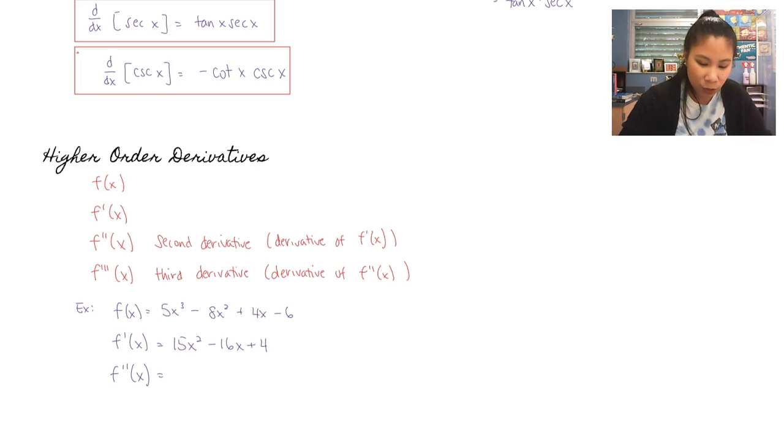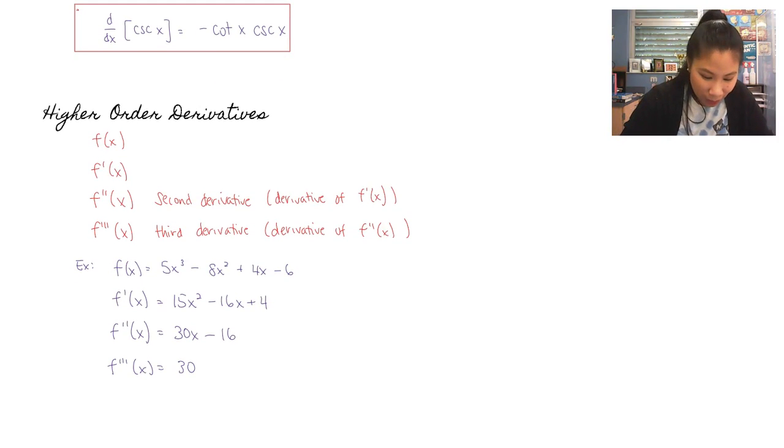So the 15x squared, the derivative would be 30x, and then minus 16x, the derivative is just minus 16, the plus 4 is a constant. The third derivative would just be the derivative of what I just found. So that would just be 30, because the 30x minus 16, 30x just becomes 30. The minus 16 is a constant, so that would be 0.